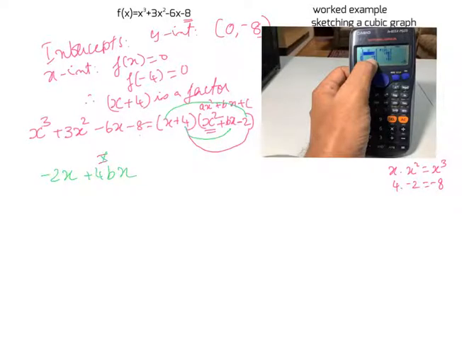So negative 2x plus 4bx must be equal to negative 6x. Therefore, now I can solve for b. I can eliminate x. That is negative 2 plus 4b is equal to negative 6. I solve for 4b, which is equal to negative 6 plus 2. So 4b is equal to negative 4 and b is equal to negative 1.